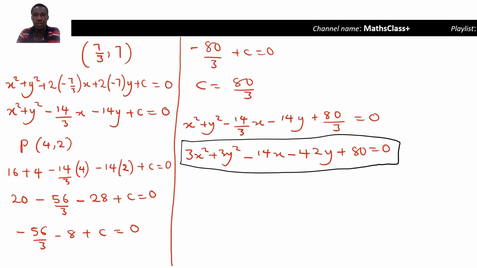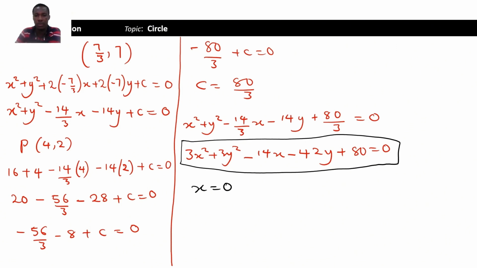Now the question continues to say that there are two points T1 and T2 where the circle intersects the y-axis. And so that means that we are looking for the y-intercept. It occurs when x is equal to 0.